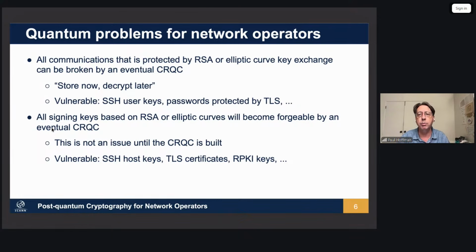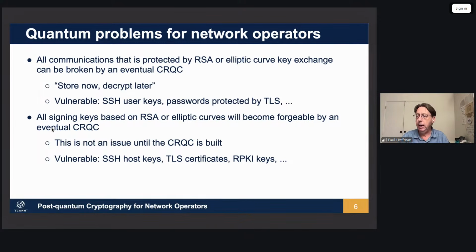What kind of problems does this create for a network operator? So currently we're very used to things like TLS and SSH, where those things keep our communications private. You set up a cryptographic tunnel, and it keeps it private. What a cryptographically relevant quantum computer can do is decrypt that.